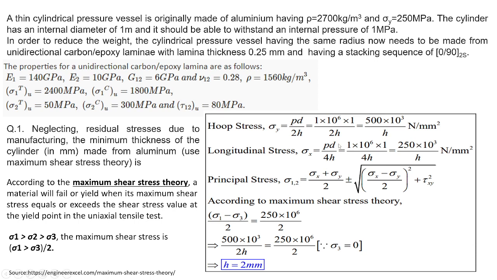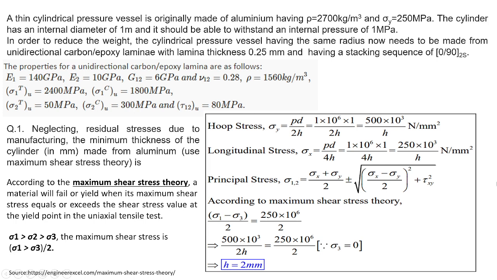In the maximum shear stress theory, we get principal stresses in three directions, 1, 2 and 3, and according to their values in increasing order, we take the maximum and the minimum principal stresses and compare them with the value at the yield point.